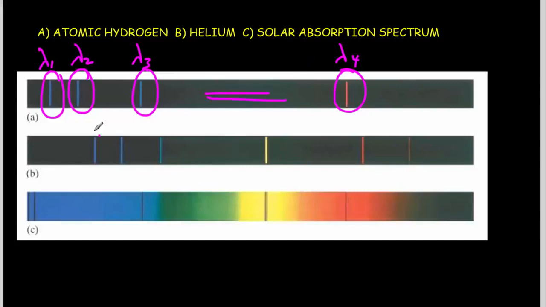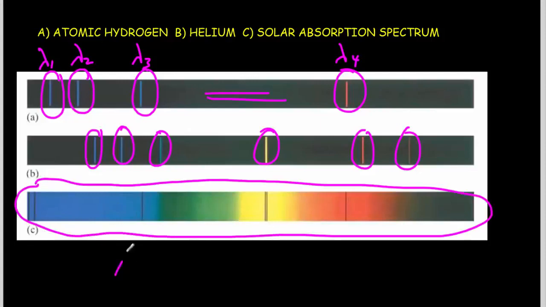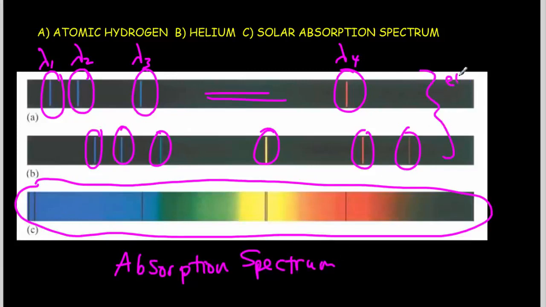Here's the spectral lines for helium. Helium seems to have about 6 distinct spectral lines, 6 distinct wavelengths. This last example here is what we call an absorption spectrum, whereas these first 2 were called emission spectrums. An absorption spectrum is formed when you take white light and you pass it through an elemental gas.